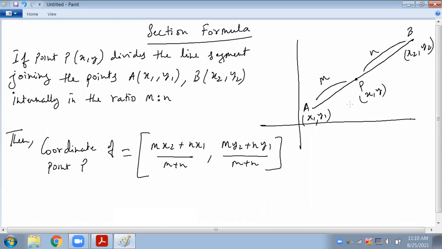Okay, I can see 7 and only 8. Okay. Next, midpoint formula.